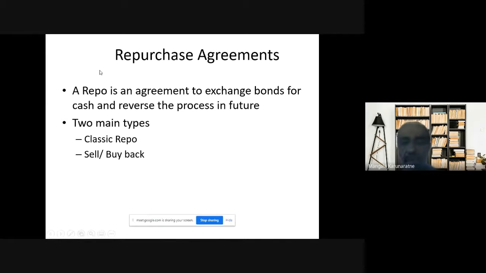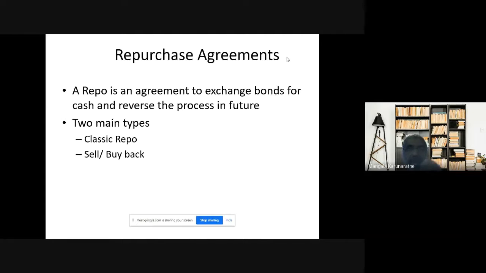Now repurchase agreements, we call them repurchase agreements. Why? We exchange bonds with the promise of doing the same reverse process again in a future date.